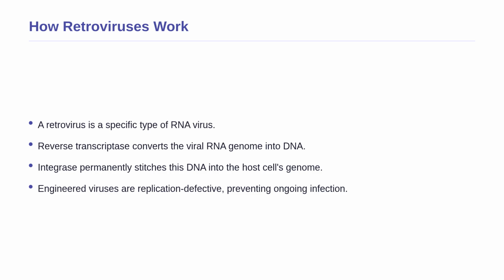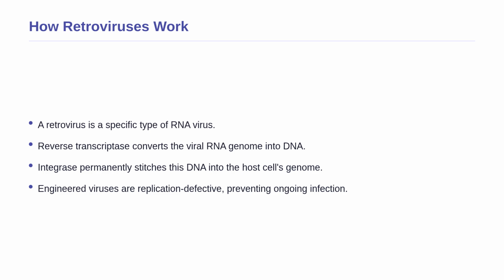Now that we understand the basic analogy, let us look at the actual biological machinery at play. A retrovirus is a specific type of RNA virus. When it enters a host cell, it uses an enzyme called reverse transcriptase to convert its RNA genome into DNA.